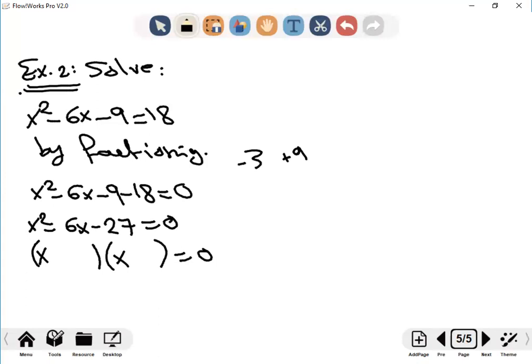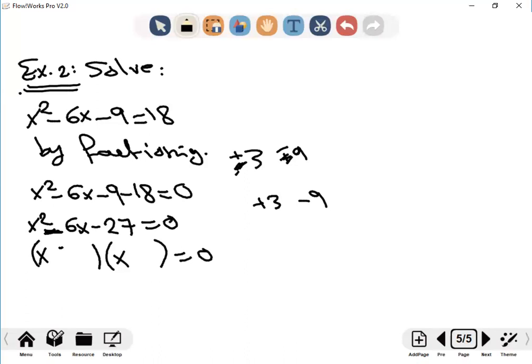What do I want? Switch the signs. Negative 3 plus 9 is positive 6, and what I want is negative 6. So let's now switch positive and negative and try 3 multiplied by negative 9, negative 27, plus 3 minus 9, negative 6.